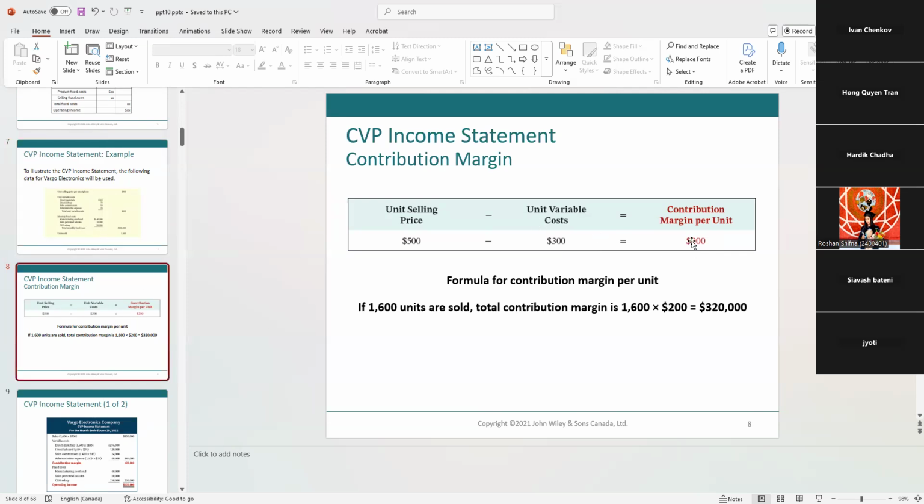If I sell 1 unit, that unit contributes $200. If I sell 2 units, my contribution margin from those units will be $400. If I sell 1,600 units, my total contribution margin will be $320,000.